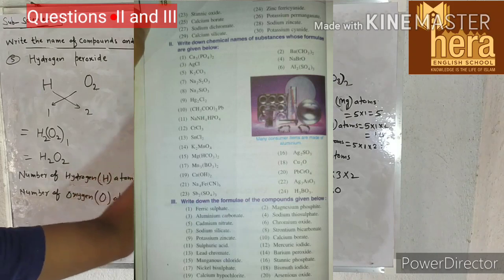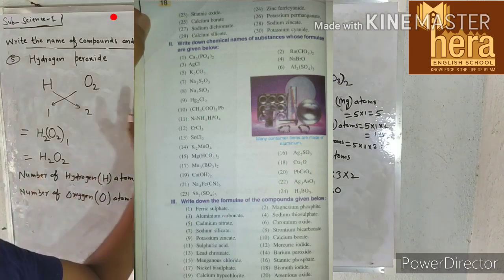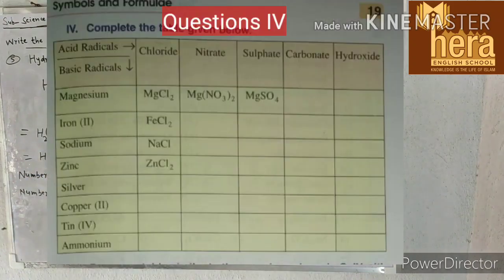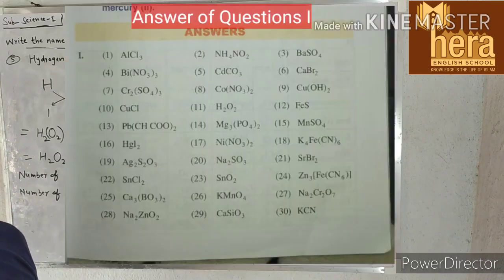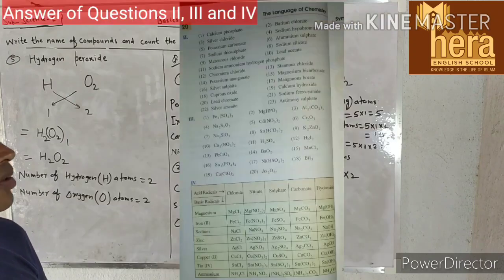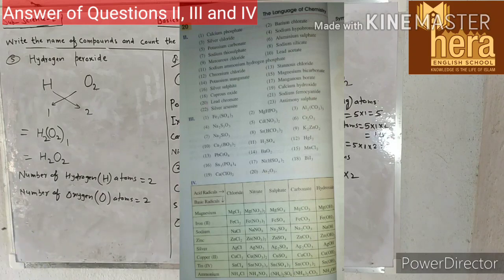At last, this is the answer, so you can match here. So in the next lecture, I will tell you how to balance a chemical equation. Okay, how to balance a chemical equation. Thank you.